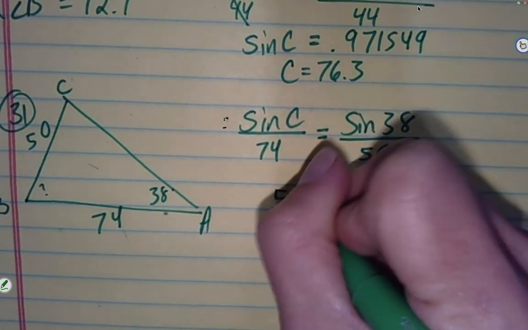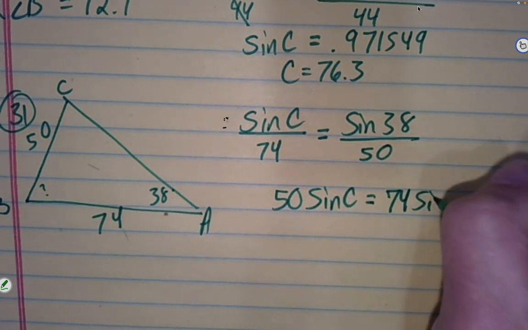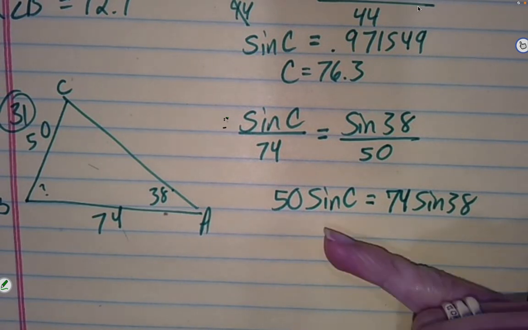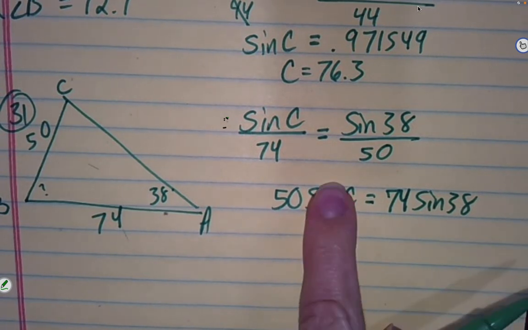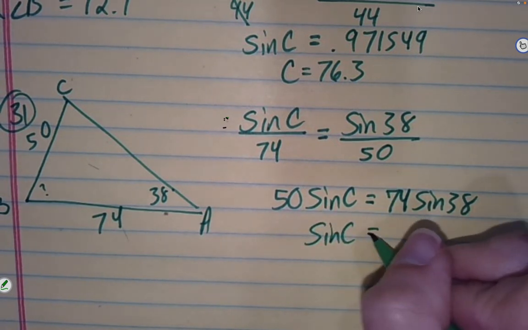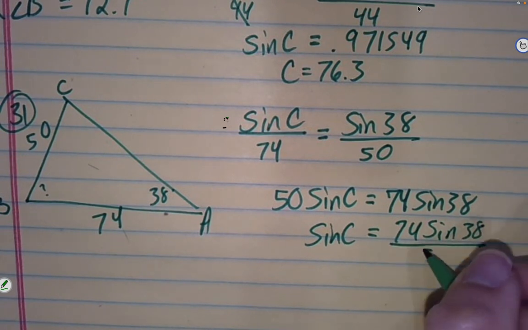Cross multiply. 50 sine of C, 74 sine of 38. And again, it's just like the other one. I'm trying to find angle C. So that stays together. I must divide by 50. So all this is divided by 50.